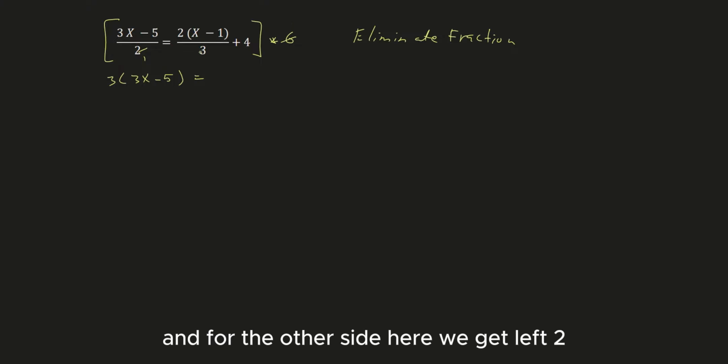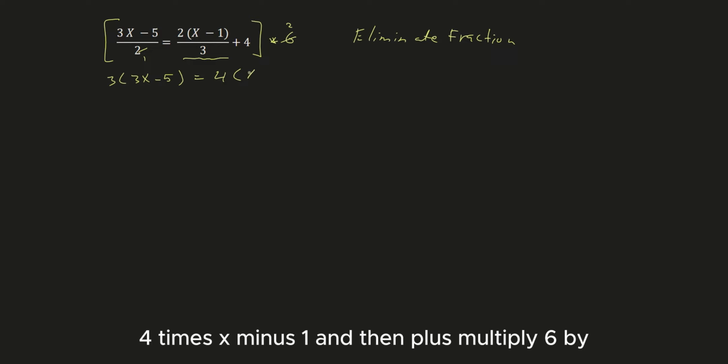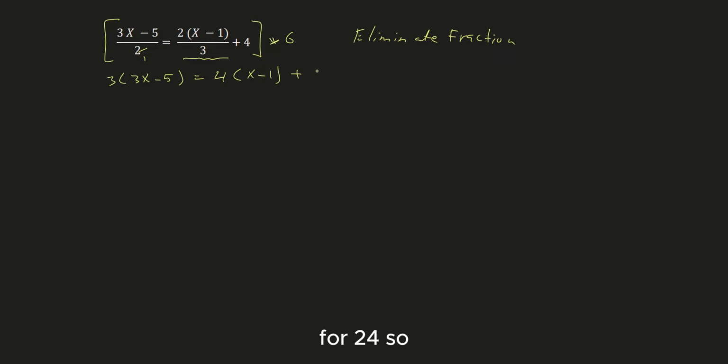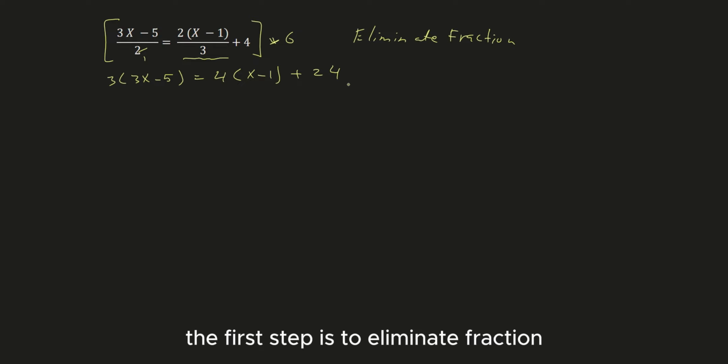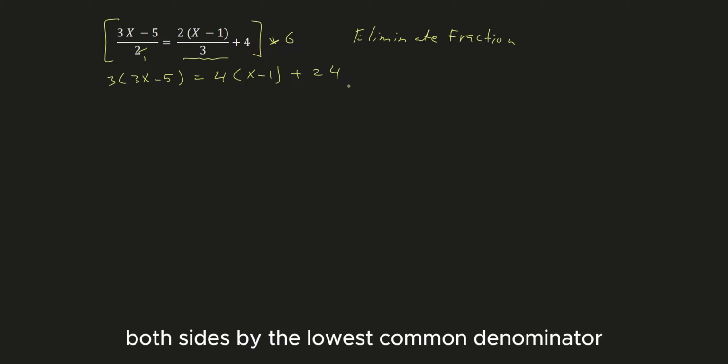And for the other side, we get 2 left, and then multiply by this term, 4 times x minus 1, and then plus, we multiply 6 by 4, which is 24. So the first step is to eliminate fractions by multiplying both sides by the lowest common denominator.